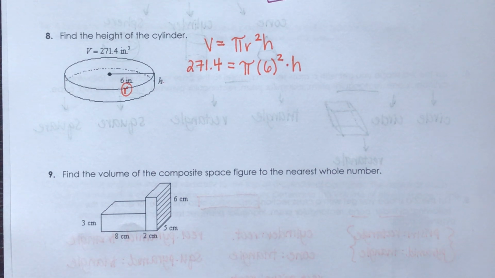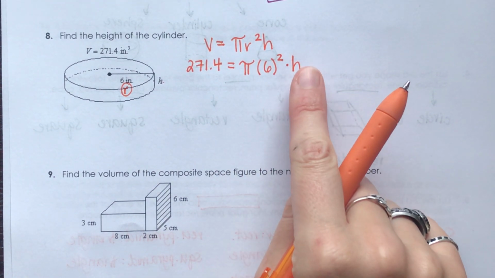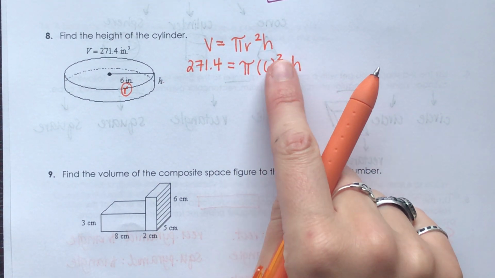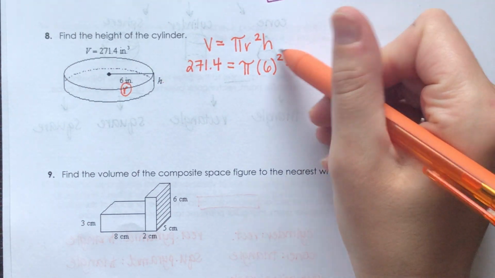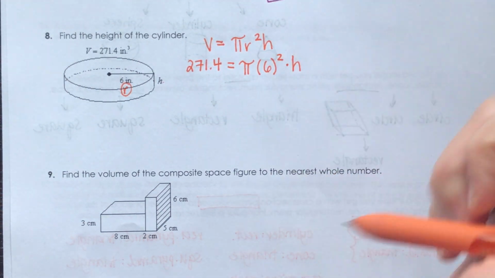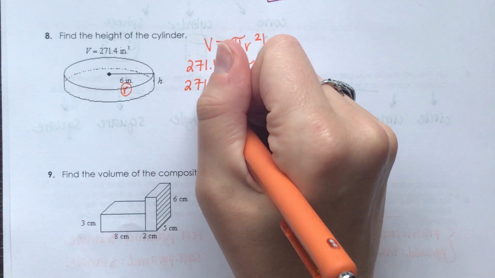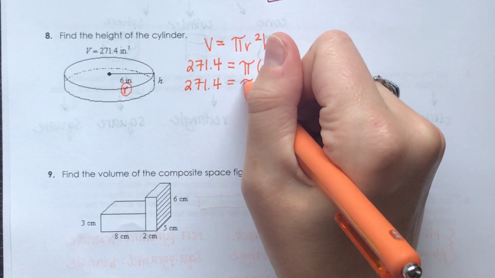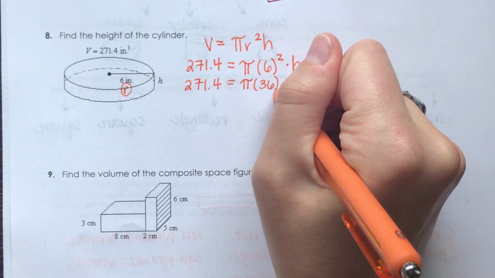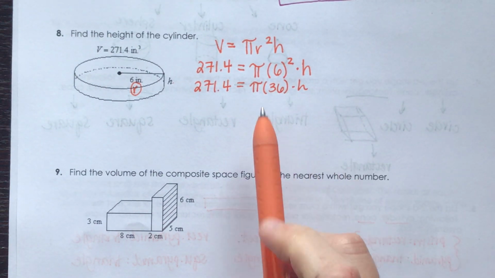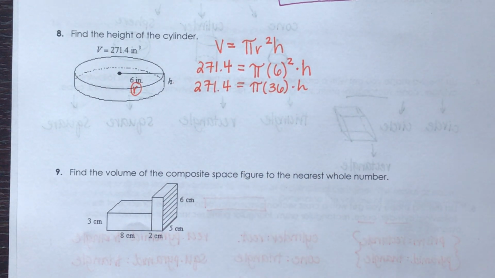Now all I'm doing is trying to solve it and get h by itself. So the first thing I'm going to do is deal with my exponents here. So 6 squared is really 36. So this means pi times 36 times h. Now in my calculator, I'm going to do pi times 36. If you have a pi button, I would suggest you use it.